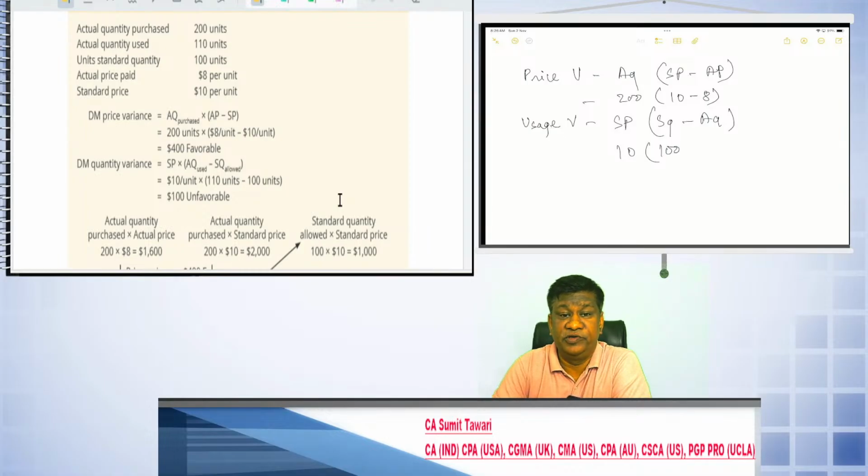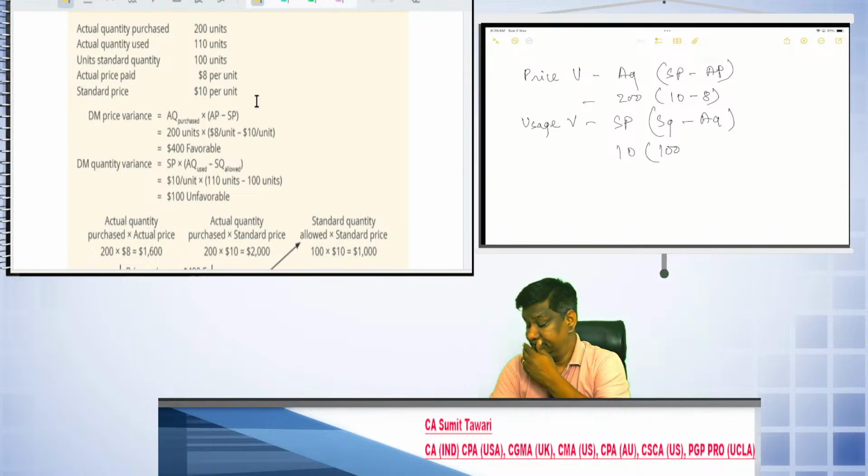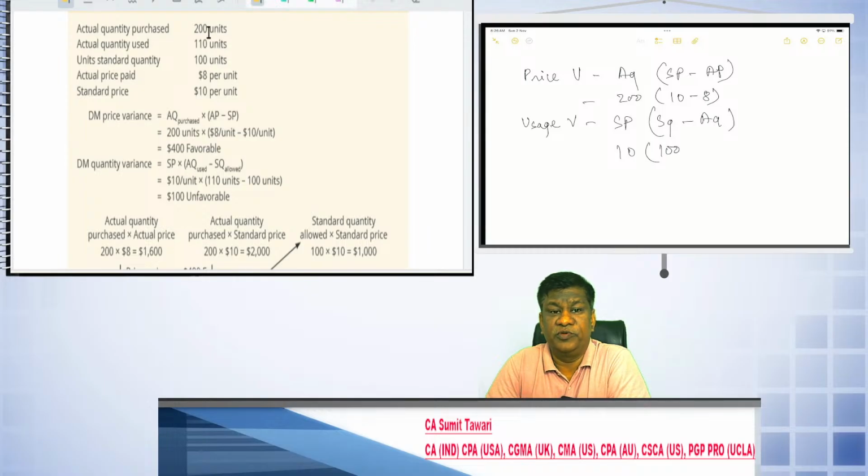One more point: see, here they gave the actual quantity purchased and the actual quantity used. So when you are calculating the price variance, you need to consider the purchase quantity, but when you are calculating the usage variance, you need to consider the quantity used. So here 100 minus 110. The total is basically 200 multiplied by 2.